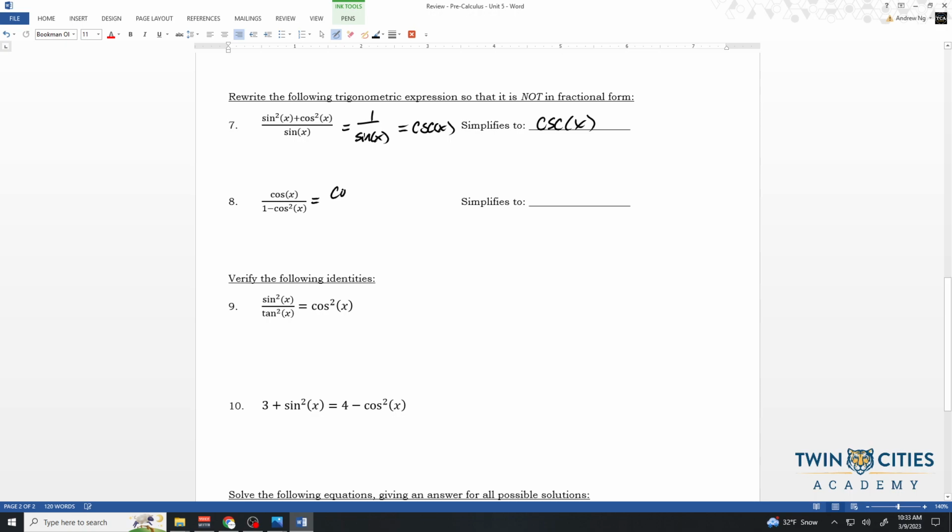So this will be cosine of x over sine squared of x, which is really the same as saying cosine of x over sine of x times 1 over another sine of x. Cosine over sine is the same as cotangent, and then 1 over sine is the same as cosecant. So this would be cotangent of x times cosecant of x.